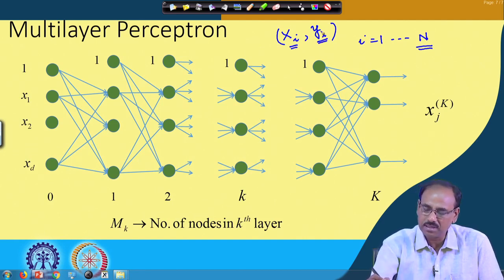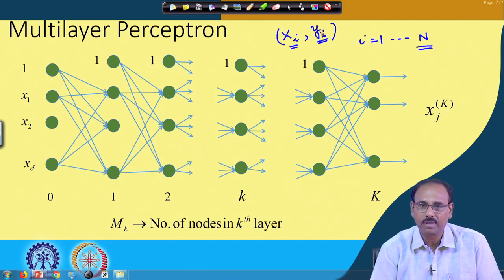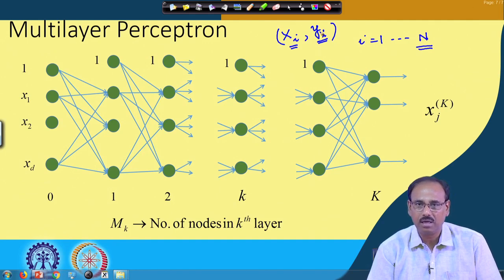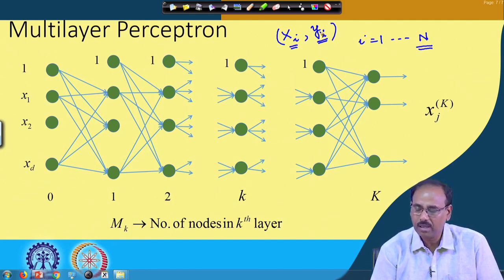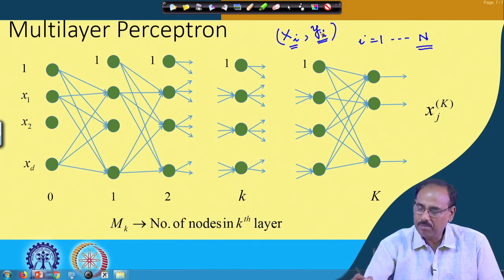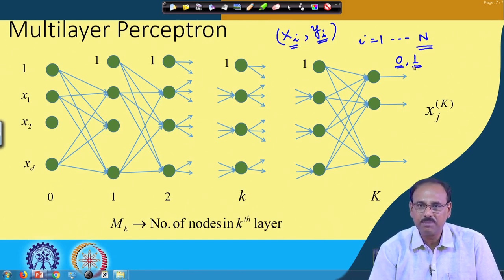So x_i belongs to class y_i. If I have a binary classification problem, y_i can be either 0 or 1. If y_i is 0, the sample x_i belongs to class omega 1, and if y_i is 1, the sample belongs to class omega 2. So this tells you the class belongingness of the training sample.